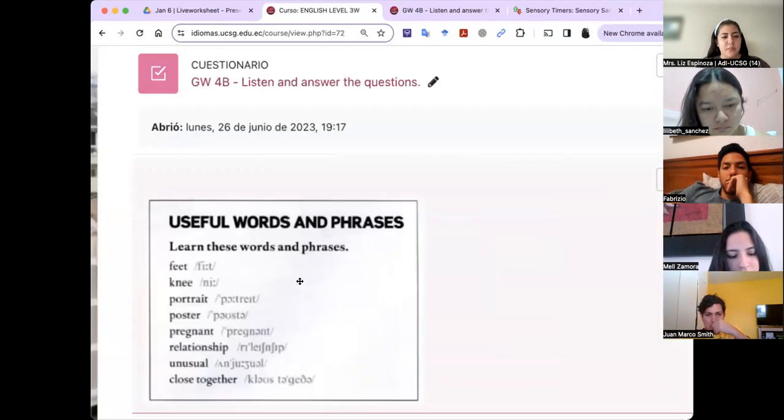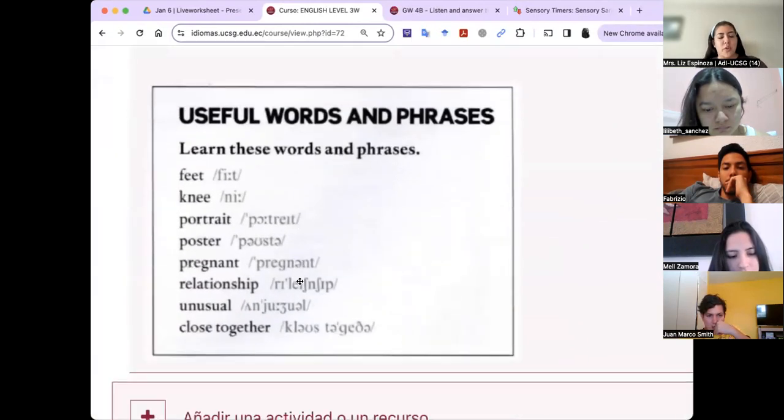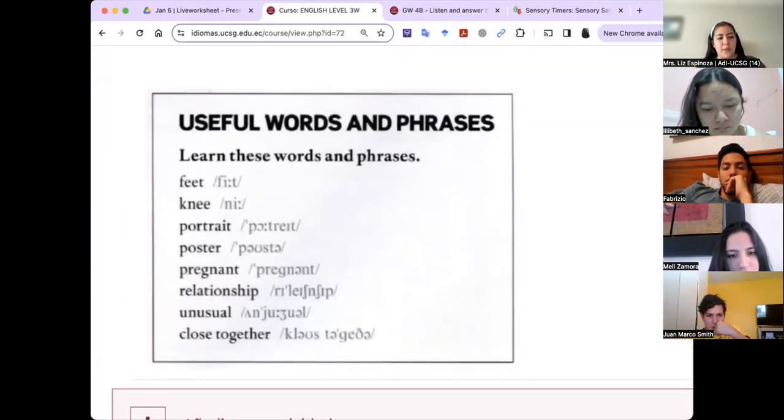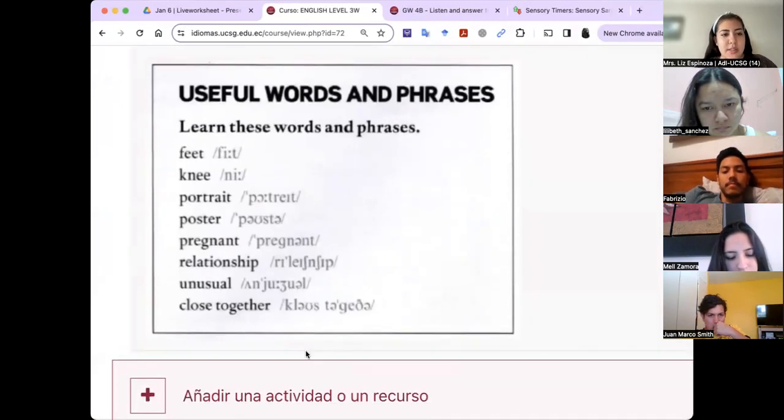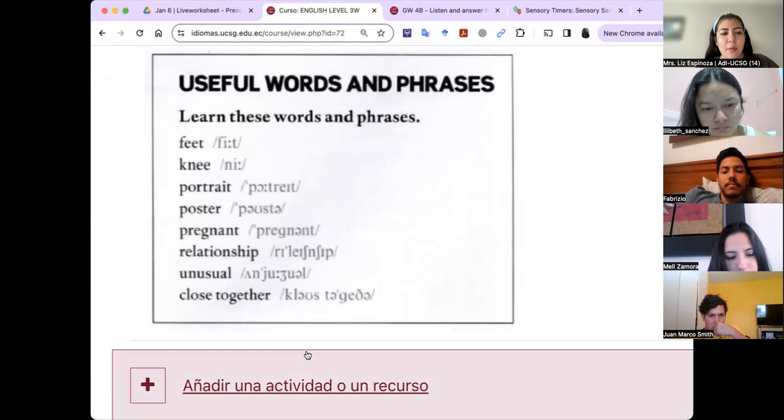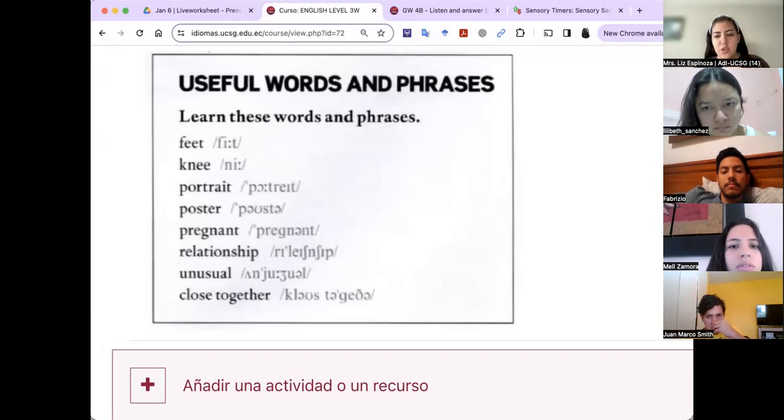I want you to observe. It says useful words and phrases. It says learn these words and phrases, and you have the pronunciation of them. I want to give you 30 seconds just to try to look at the pronunciation, and then I ask you to read one by one, okay? Please try to read the pronunciation letter.